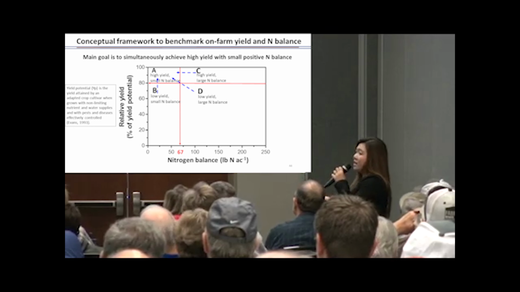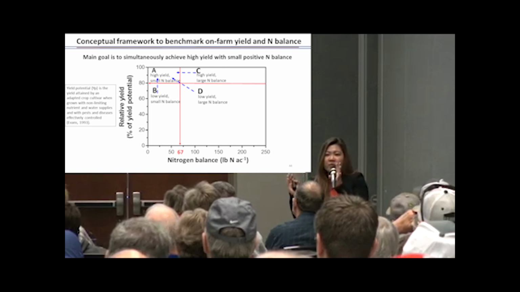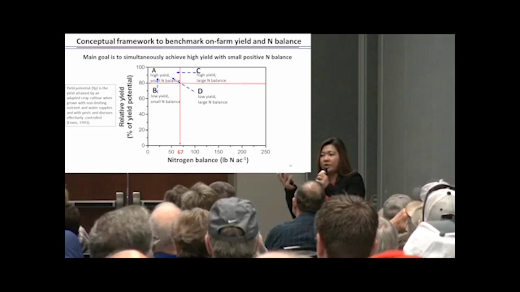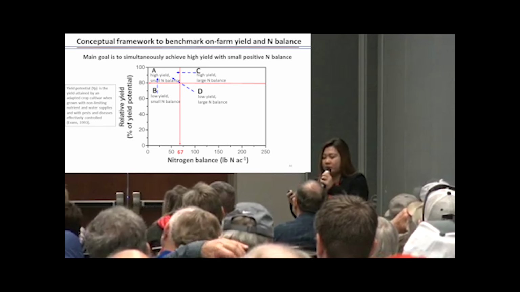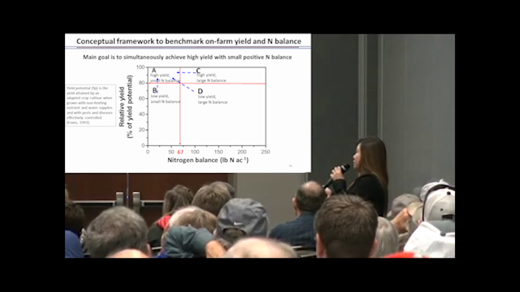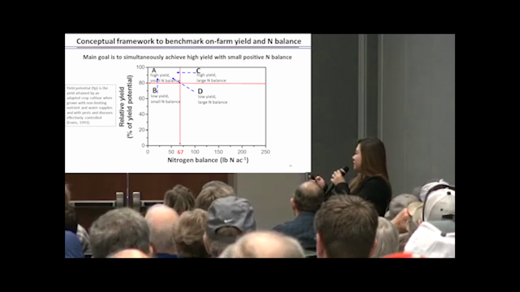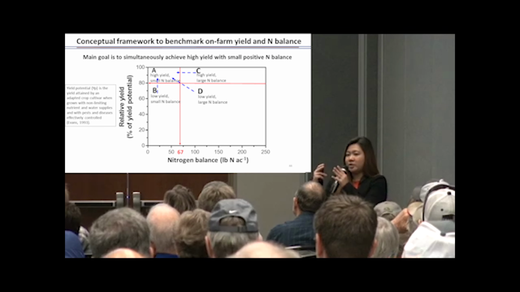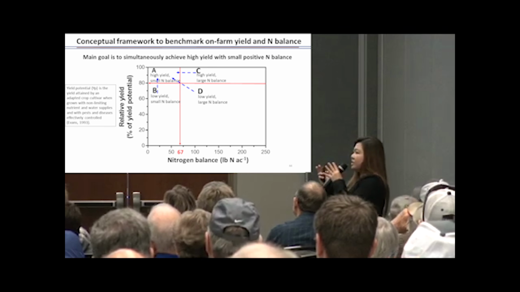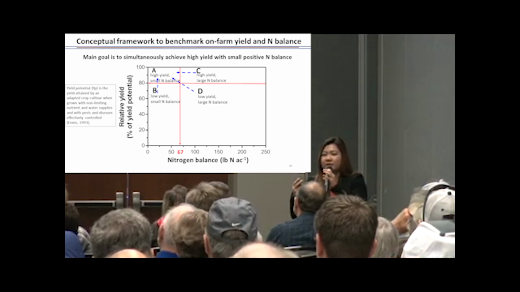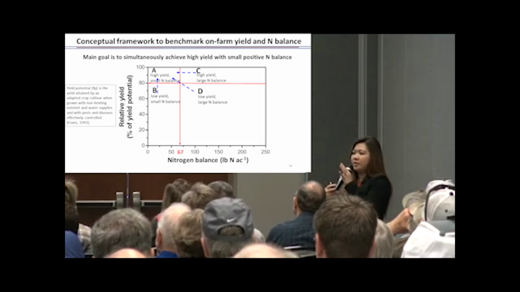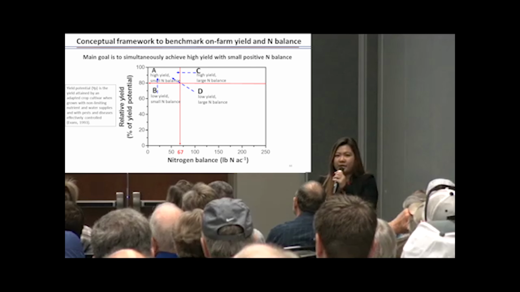So as you can see here, this is a very good framework for producers to assess their performance in terms of their yield and nitrogen use, and they can further use this to find opportunities to maybe increase their yield at same amount of nitrogen balance, or reduce their nitrogen balance without hurting yield or even increasing yield, or both. They could increase their yield and at the same time reduce their nitrogen balance.